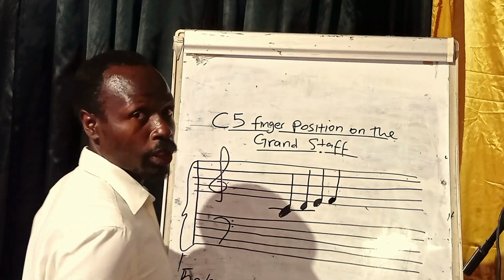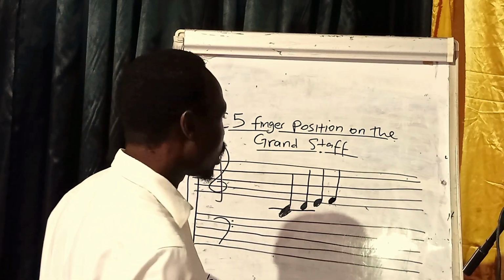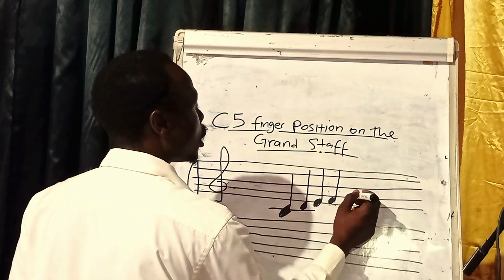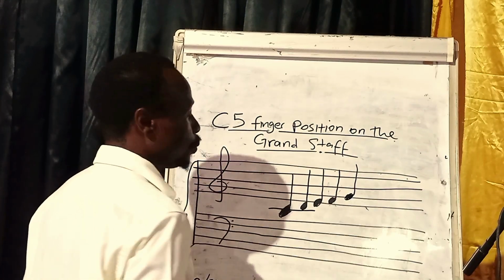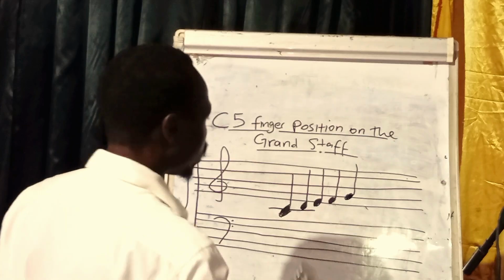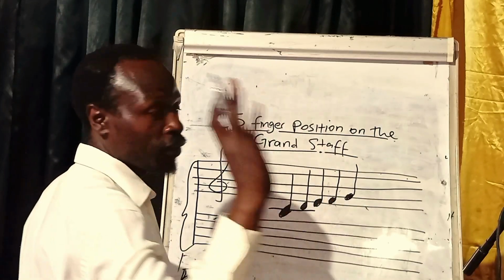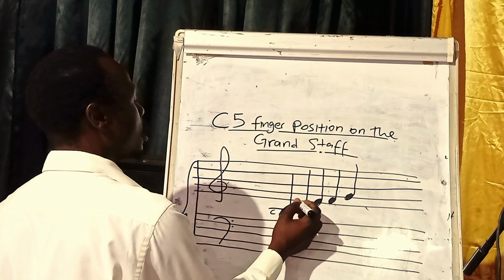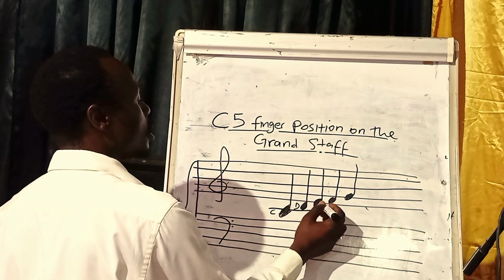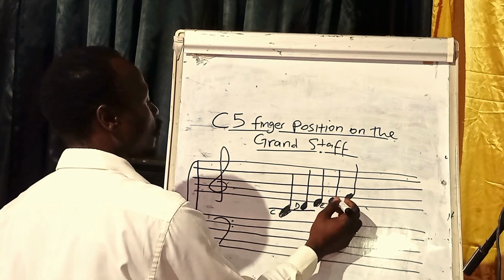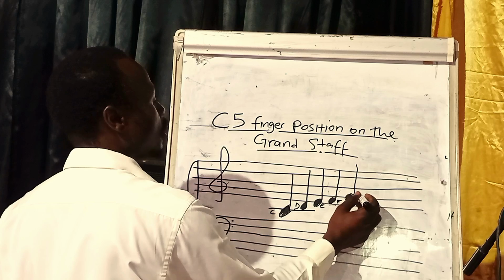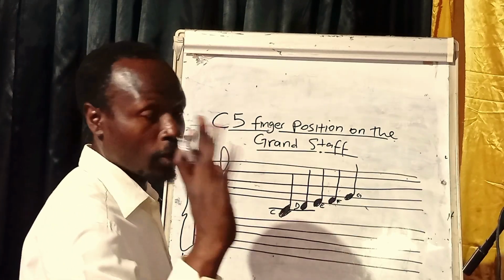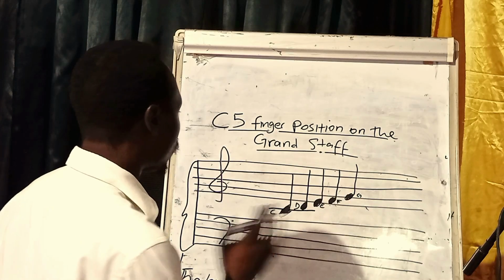Let's do G. G will come on the second line. So this is our right hand C5 finger position. This is C, this is D, this is E, this is F, and this is our G. The C5 finger position on your right hand side, on the treble staff.